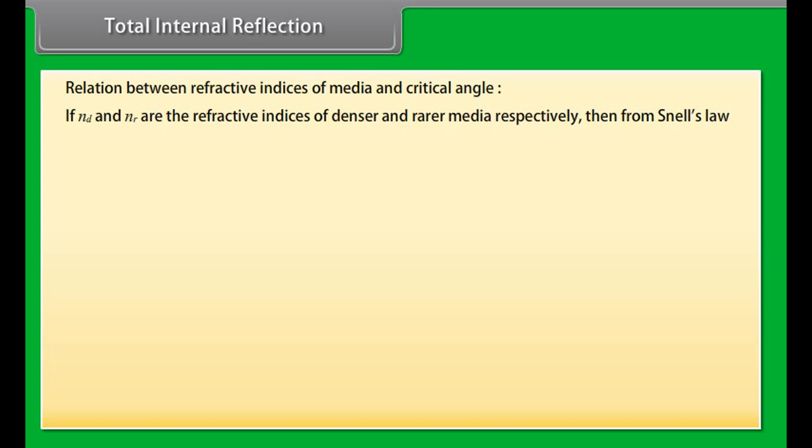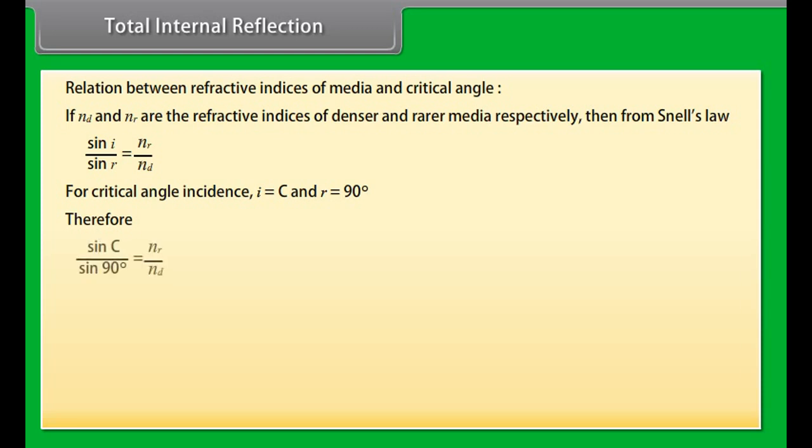If nD and nR are the refractive indices of the denser and rarer medium respectively, then from Snell's law, sin i / sin r = nR / nD. For critical angle incidence, i = C and r = 90 degrees.